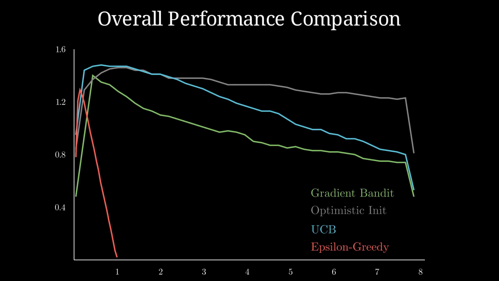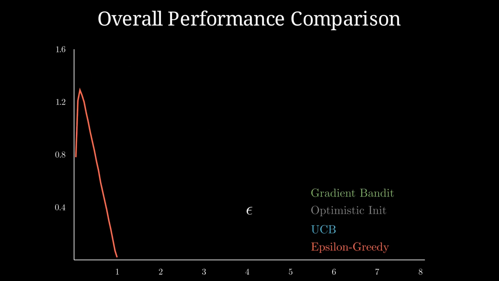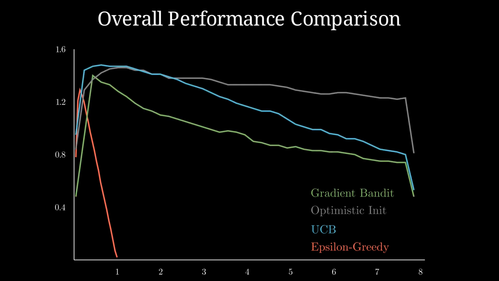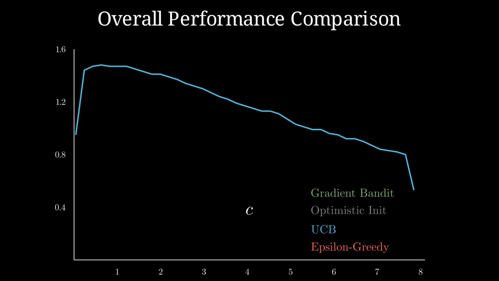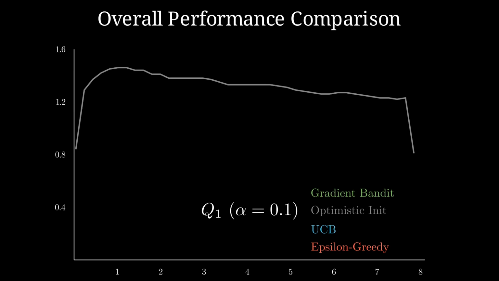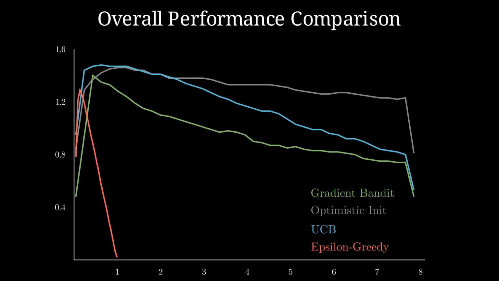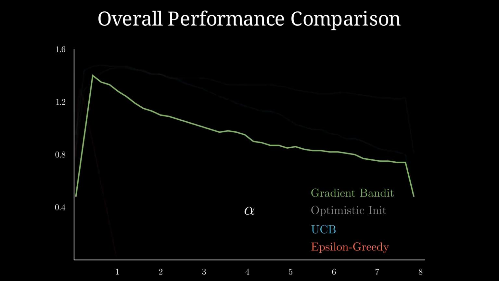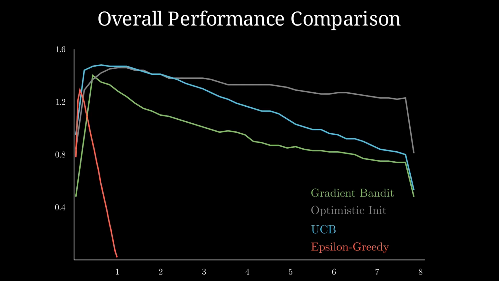The key parameters studied were epsilon for Epsilon-Greedy agents, C for UCB agents, the initial estimate for optimistic initialization, which was set up with an alpha value of 0.1, and lastly alpha for gradient bandit algorithms. Each parameter was varied systematically and their performance was plotted. This study shows that UCB performs best in this setup, with optimal results achieved when C is set to around 0.8.